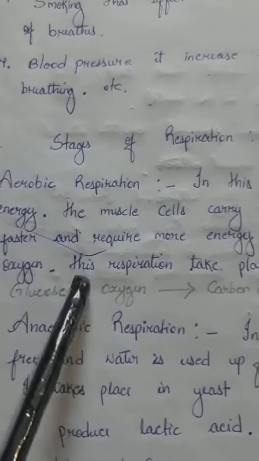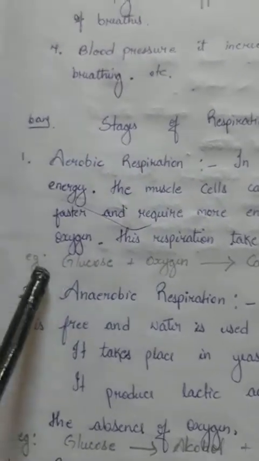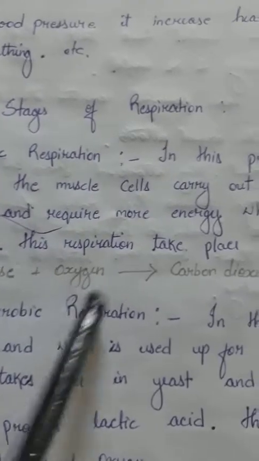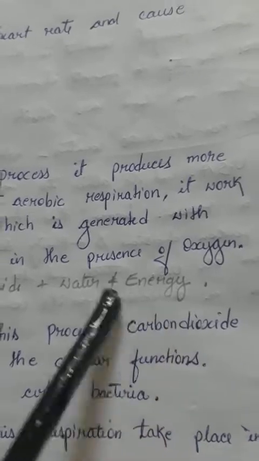Full stop. This respiration takes place in the presence of oxygen. So you can write the example like glucose plus oxygen to carbon dioxide plus water plus energy. You just write all this form, okay?